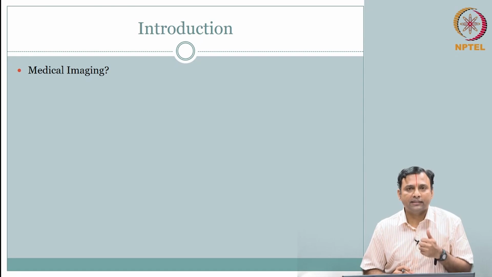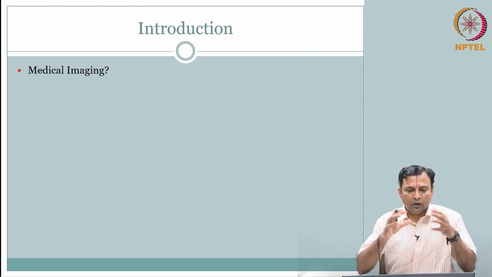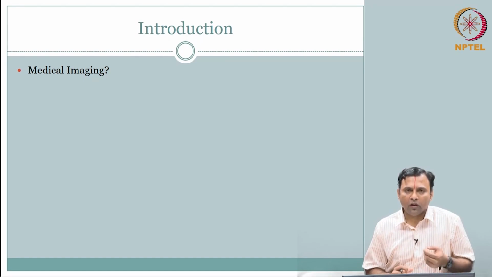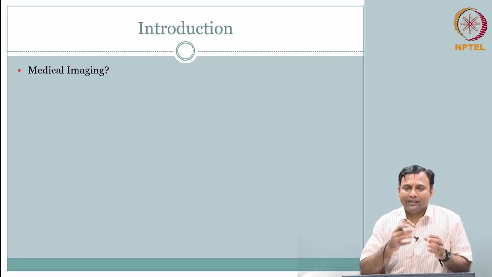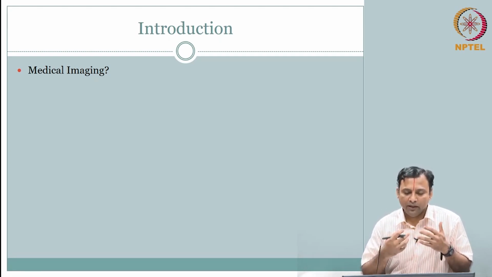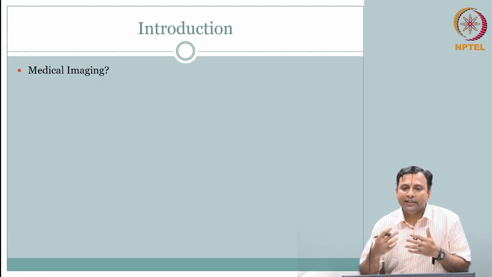We did cover this a while ago in the context of the big picture. So just to recall in brief, medical imaging is, you saw the central picture, right? Anatomy, physiology. So the idea is it's a process of extracting the parameters, something to do with human physiology and anatomy, and visualizing it, right?